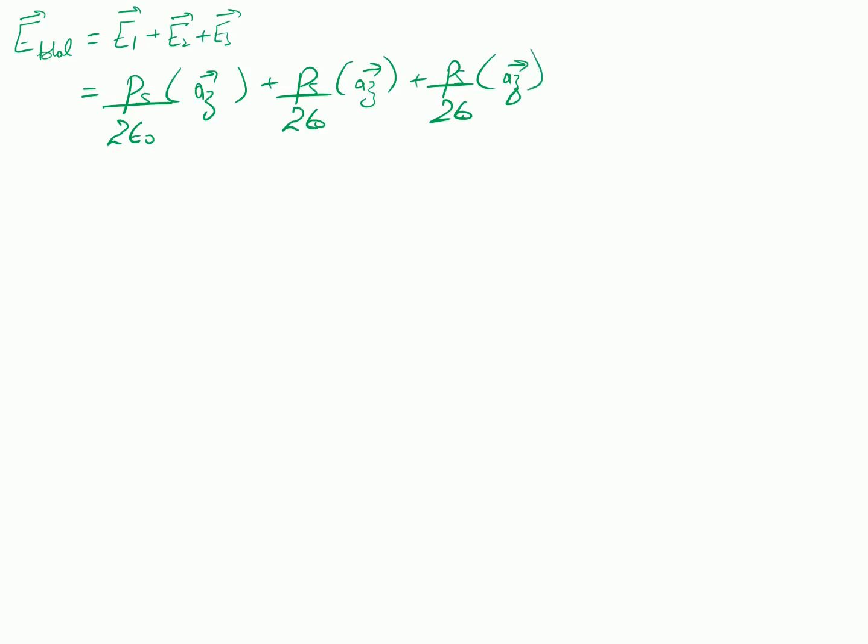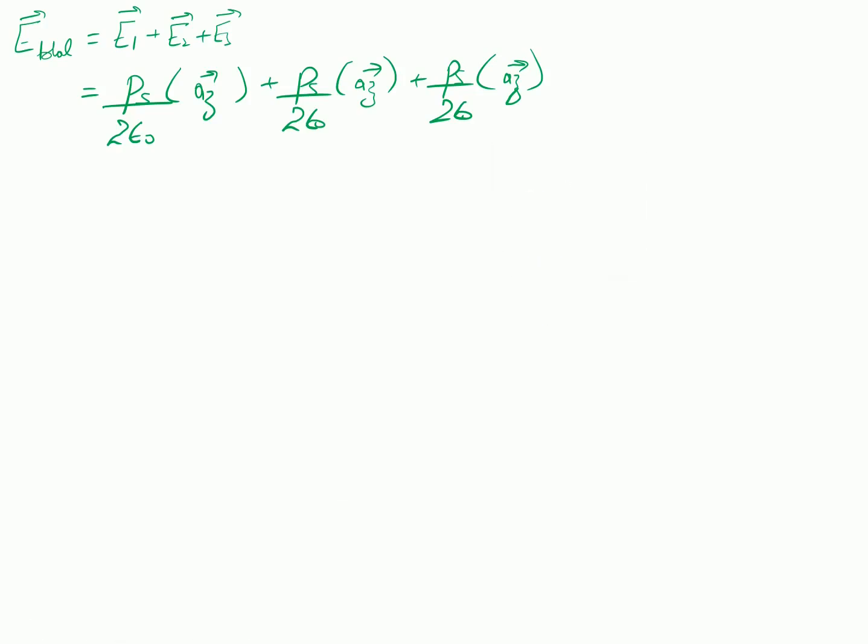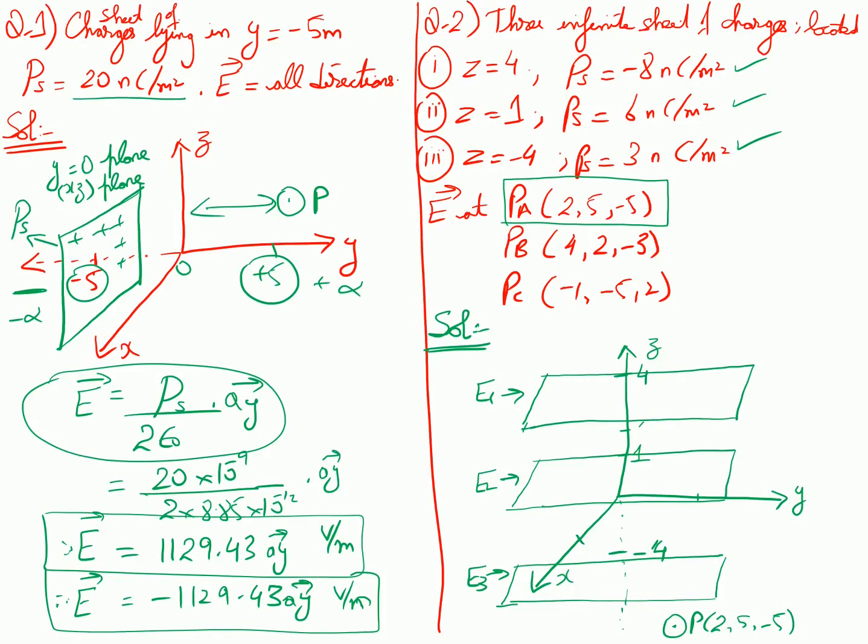Now I have written the three equations for the three electric fields, but now I need to know the values of the coordinates. If you look at point P, it is below sheet 1, which is located at z equals 4. It is also below sheet 2, which is located at z equals 1, and also the third sheet, which is located at z equals -4.